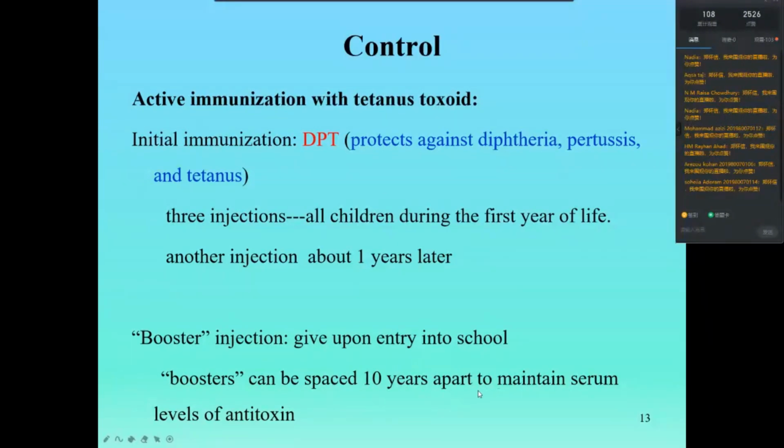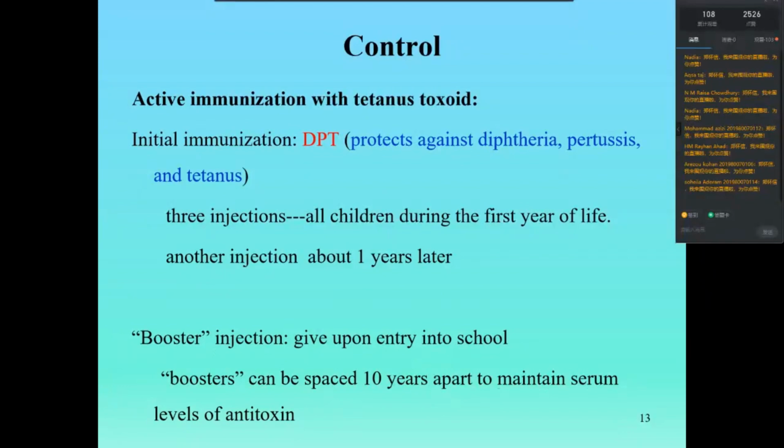So that will keep them protected lifelong. That's not given in China, as I know, and not given in America. Maybe it's carried out in your country. Maybe you can do some research and get the information.